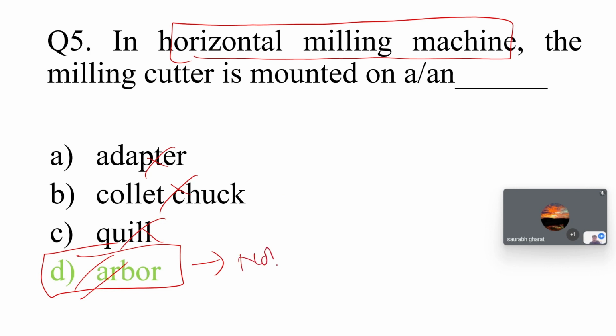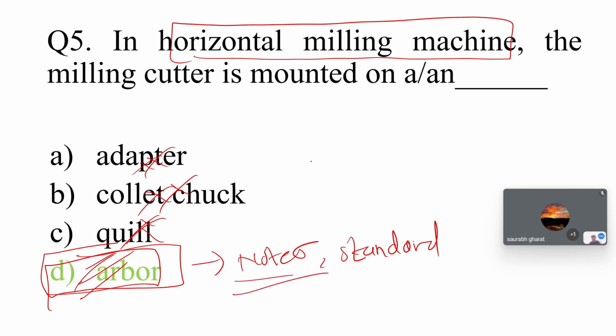It is standard. So arbor is the only correct answer for horizontal milling machines. Quill, collet chuck and quill adapter are wrong answers.